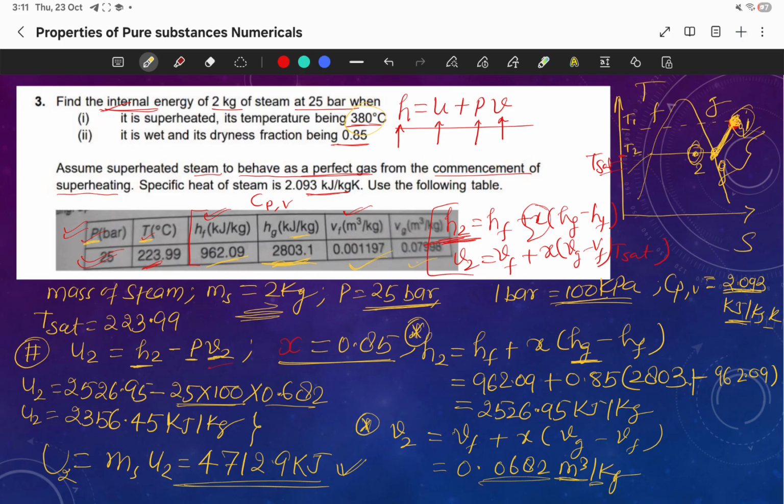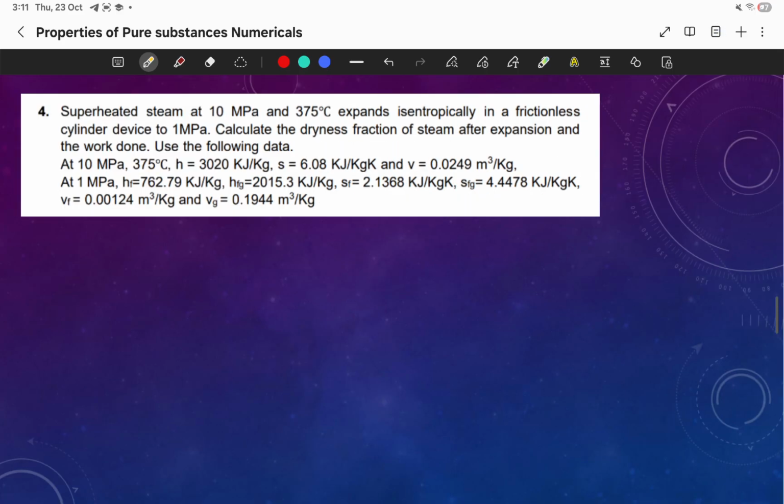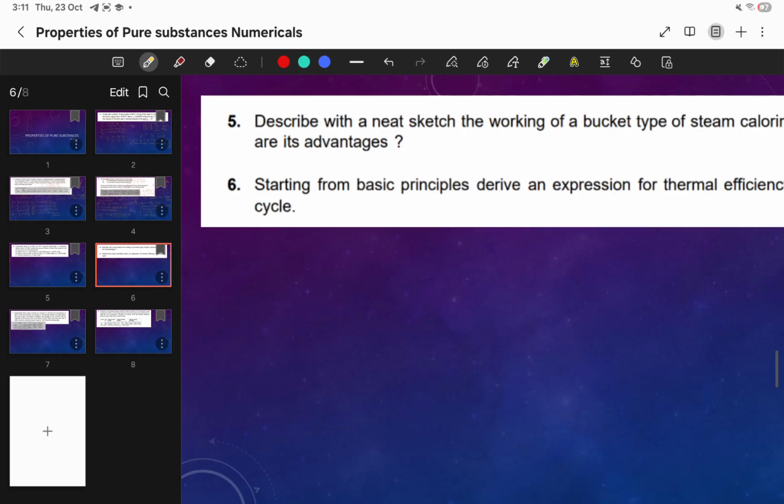Now let's move to the next questions. Steam expands isentropically in a cylinder device, calculate the dryness fraction. Okay, so this is question number 4. Actually this is based on the Rankine cycle.